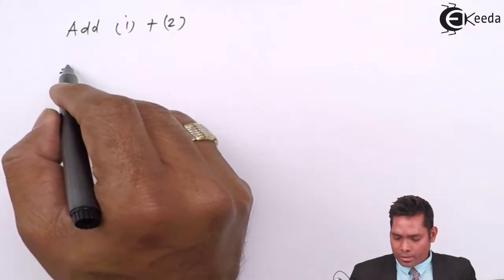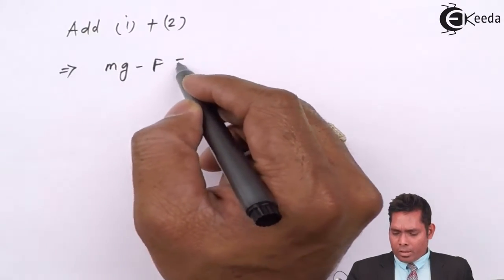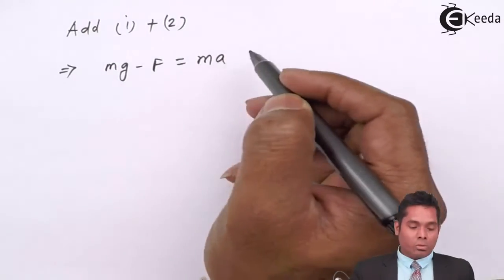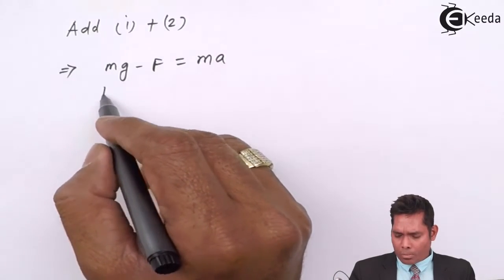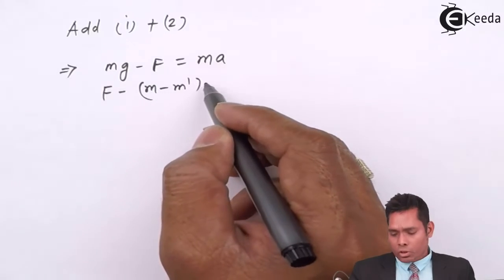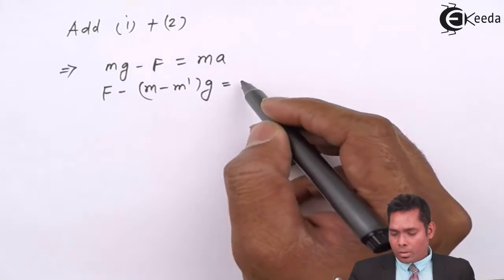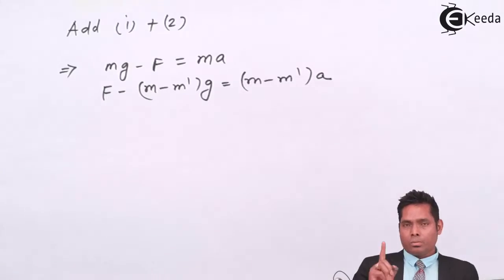What you will get, mg minus f is m times a, the first equation. The second equation was just moving up, so f minus m prime g is m minus m prime into a, because it is moving up.